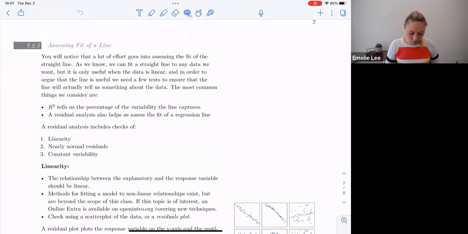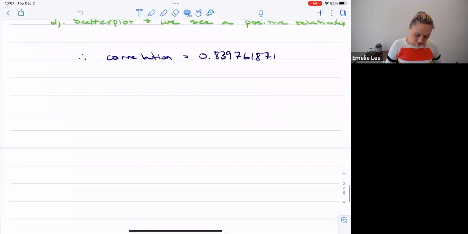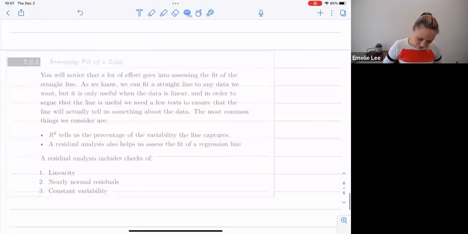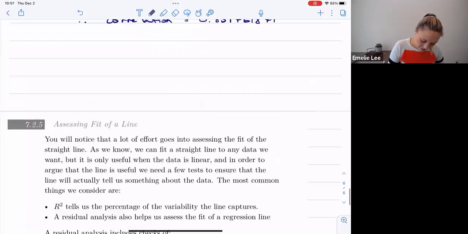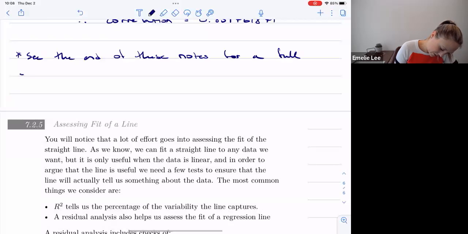The last few things that we want to talk about are, okay, once I've fit a line, then I need to, and I'll make a note here, see the end of these notes for a full example by hand.